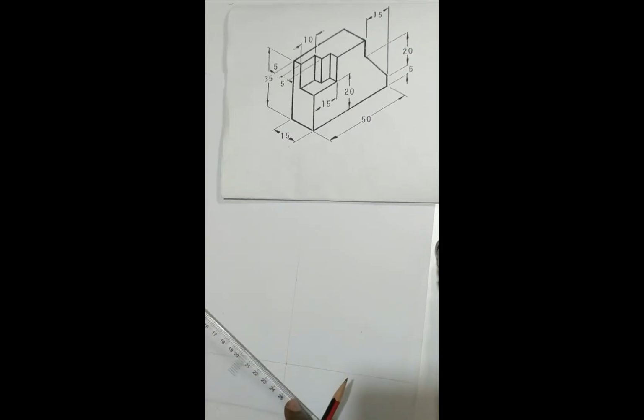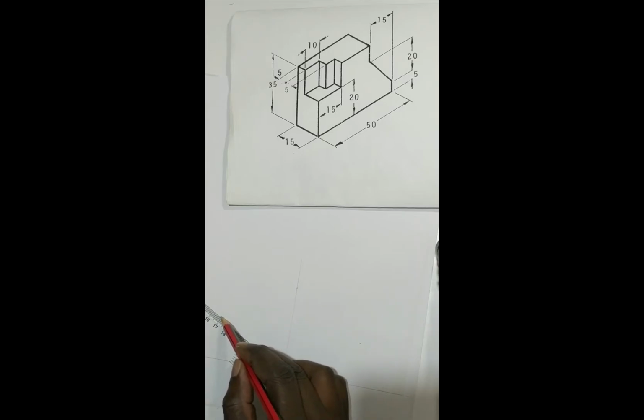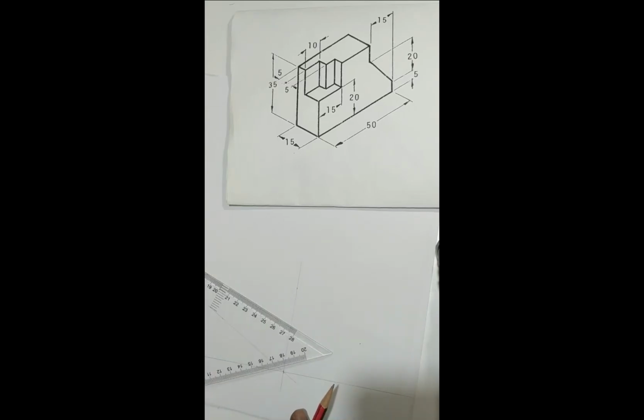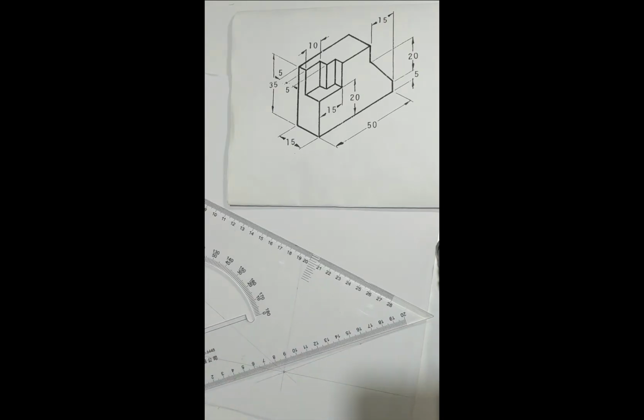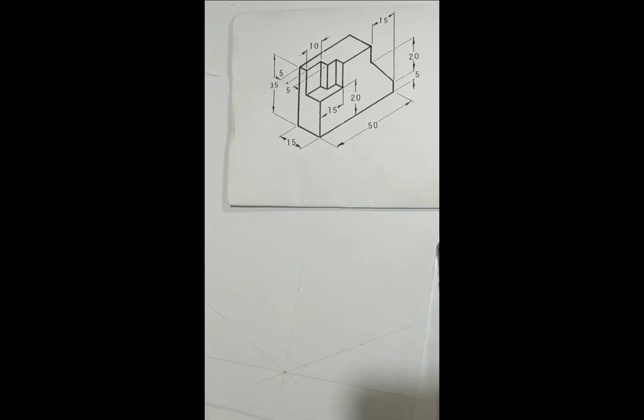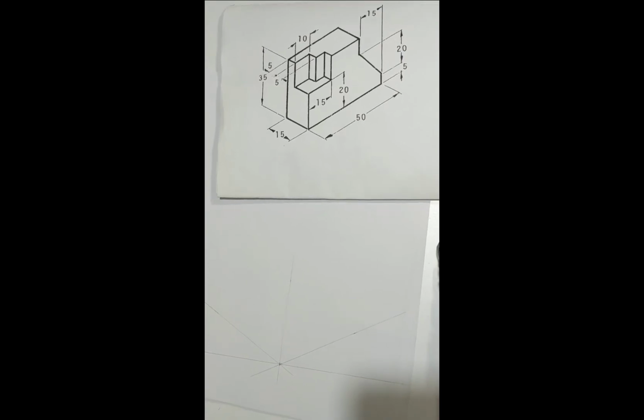Of course, we'll start with the construction lines. We start by using construction lines. So we have there the isometric axis. So basically that's where we start from.